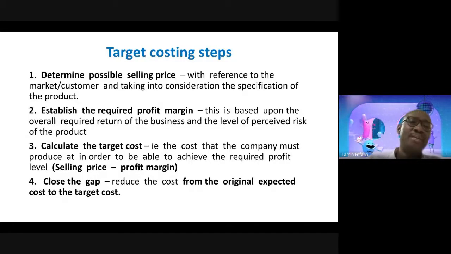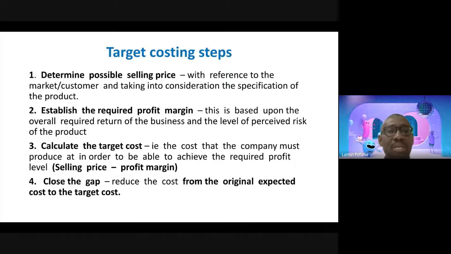you compare that to your target cost. So usually that cost will be higher than the target cost. So if that cost is higher than the target cost, then there is a gap. That gap, you need to eliminate it or you need to close it.